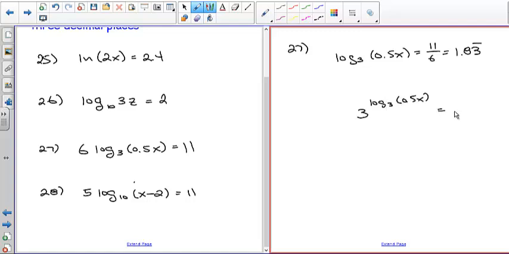So you take 3 to the 1.8333. 3 to the log base 3 of 0.5x is just 0.5x, and 3 raised to the 1.83333 power is 7.494. Divide both sides by 0.5, which is the same as multiplying by 2. So you'll get 14.99.